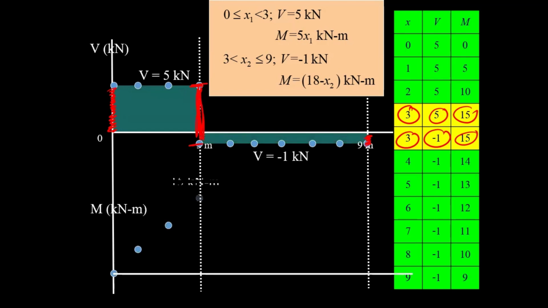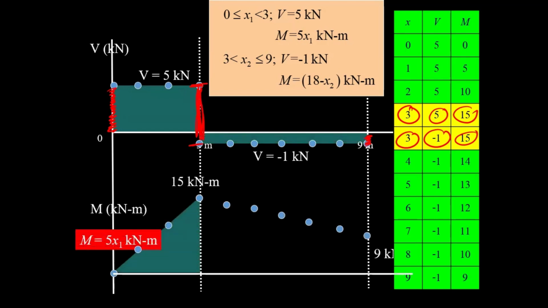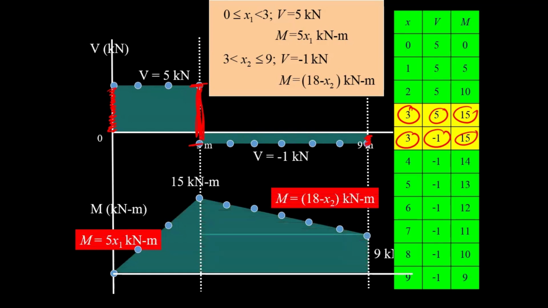Now draw the moment diagram. You will have this one. The slope over here is 15 divided by 3, which equals 5. Again, dM by dx equals the slope.